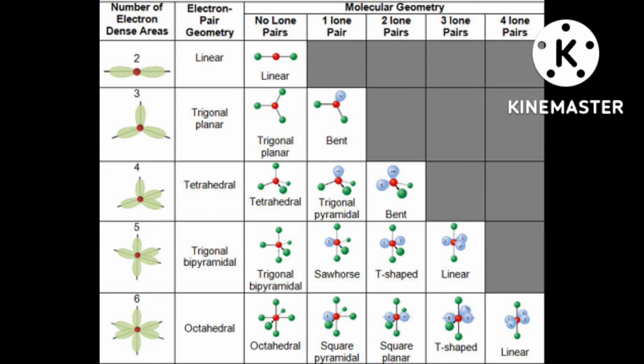Sidgwick and Powell, these were two scientists, in 1940 proposed a simple theory based on repulsive interaction of electron pairs in the valence shell of atoms.